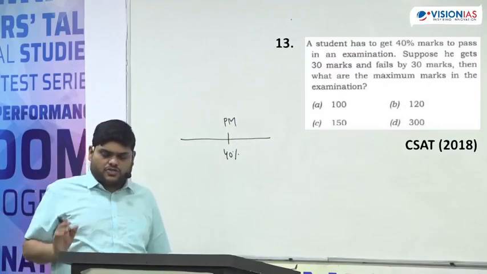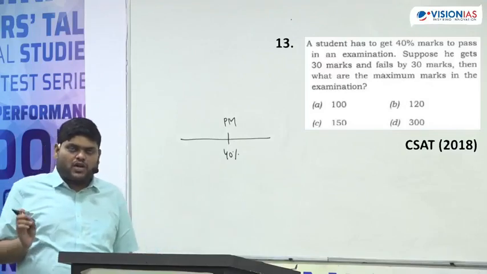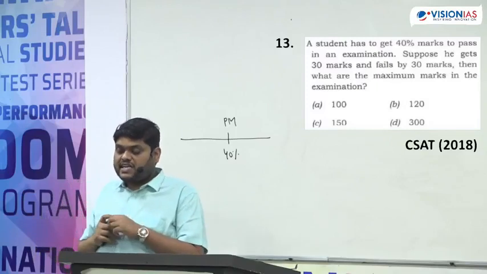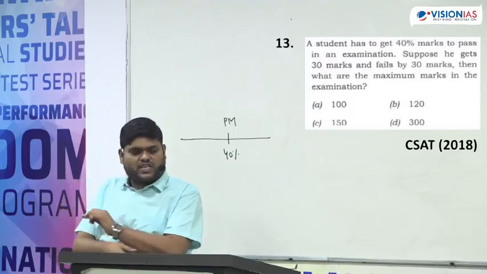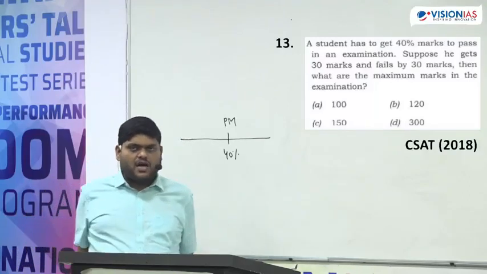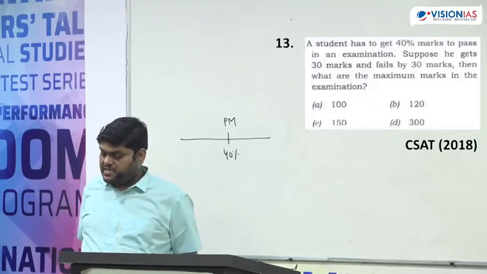This is given in the question. Now you have to only interpret the second statement: suppose he gets 30 marks and fails by 30 marks. What is the meaning of this? What is the meaning of failing by 30 marks?